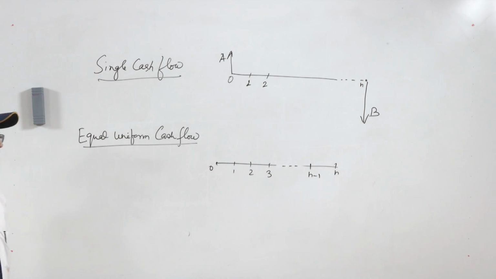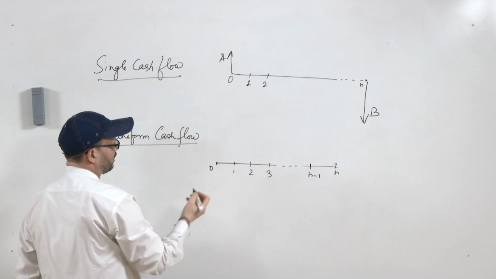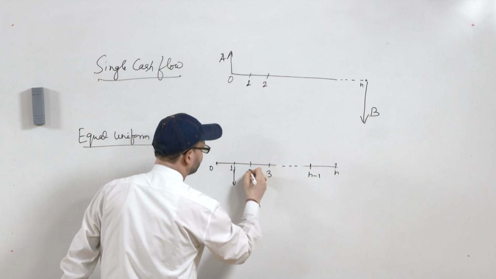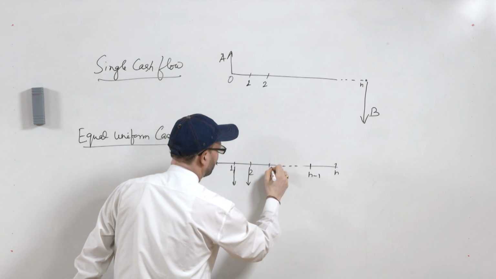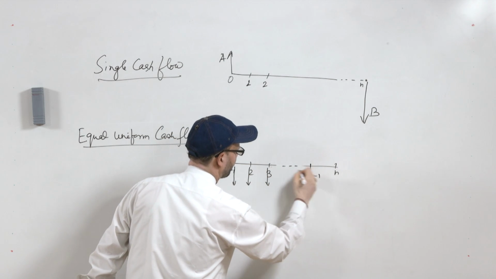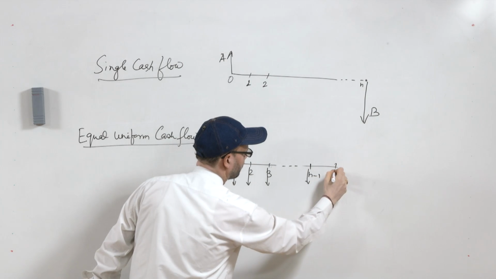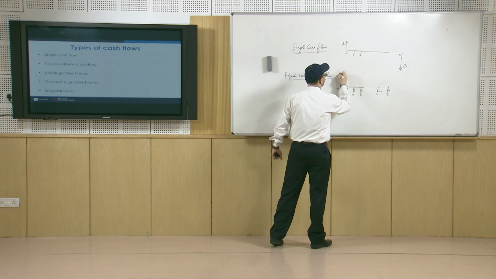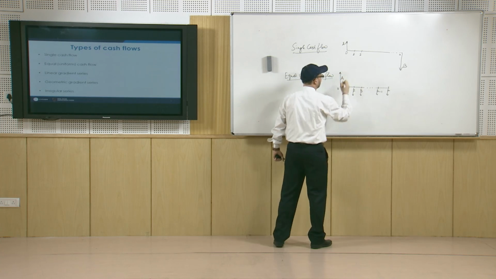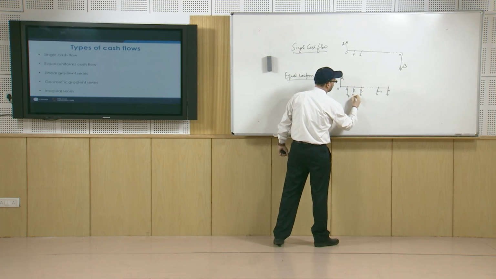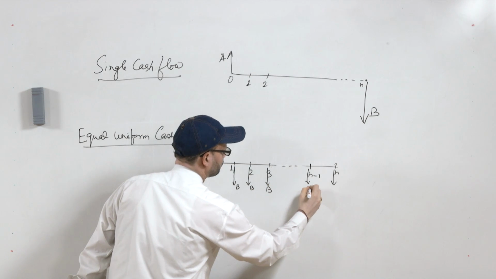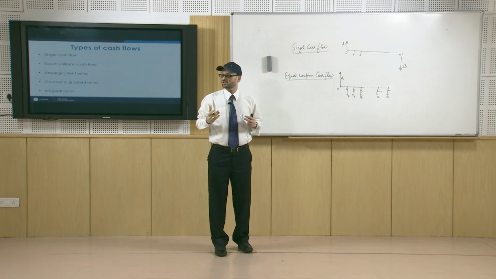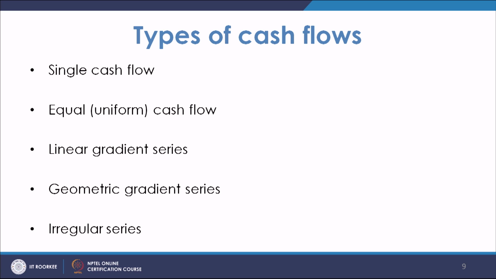The borrower will be paying a certain amount at the end of every year. He has got a certain amount from the lender, but he will be paying a uniform amount to the lender for the rest of the periods. So, this is an example of equal uniform cash flow.